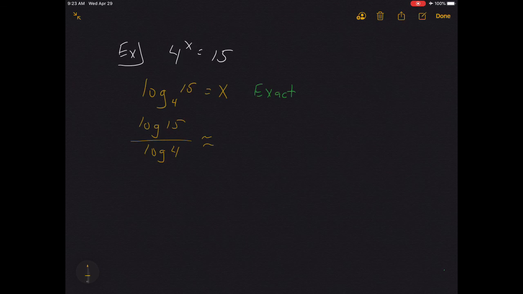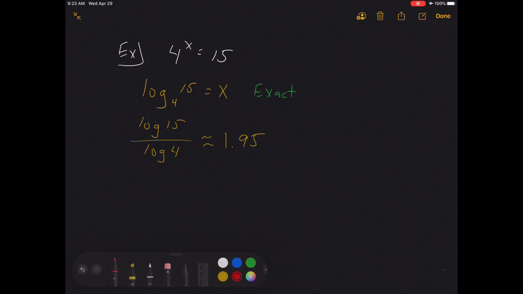And the approximated decimal to this thing is about, I think it's 1.95. 1.95, and you can double check that. Go ahead and plug that in there, but I'm pretty sure it's about 1.95. And that makes sense because, once again, that is in between 1 and 2, and it should be very close to 2 because 4 squared is 16, so that's very close to 4 squared.